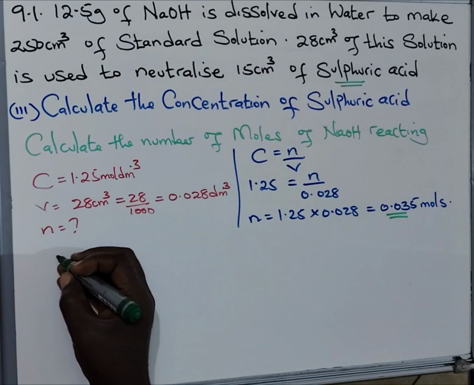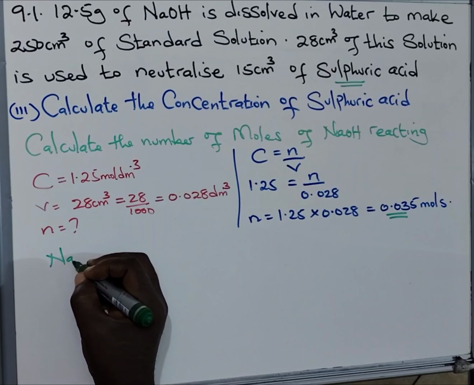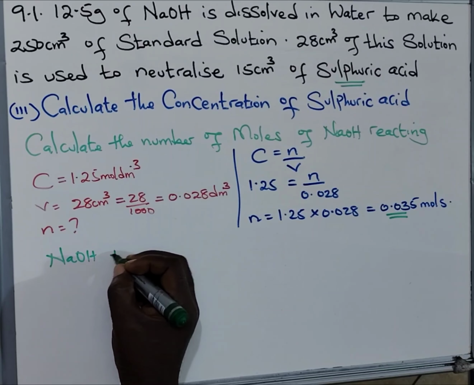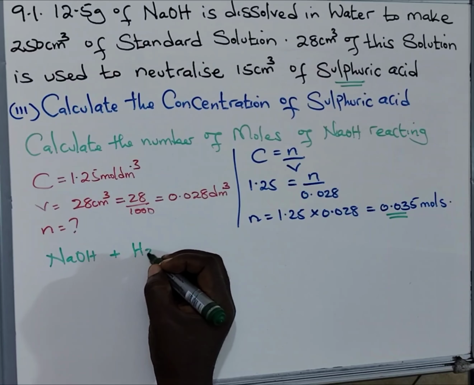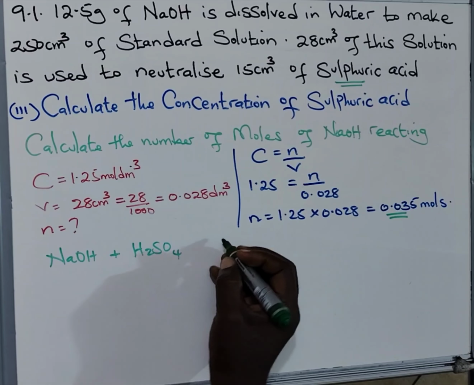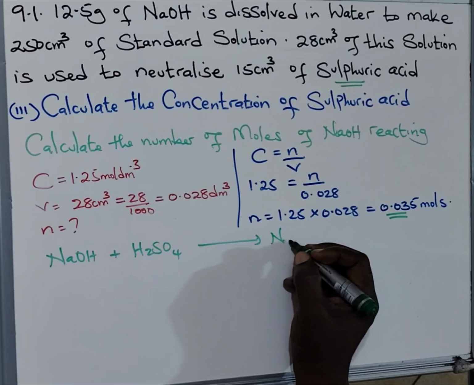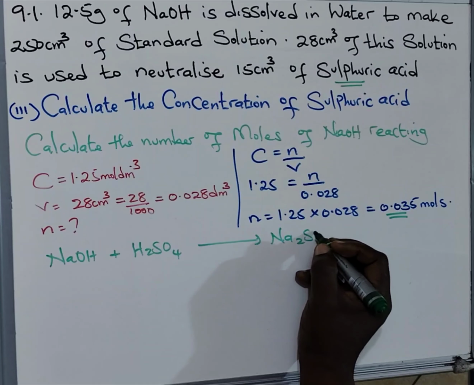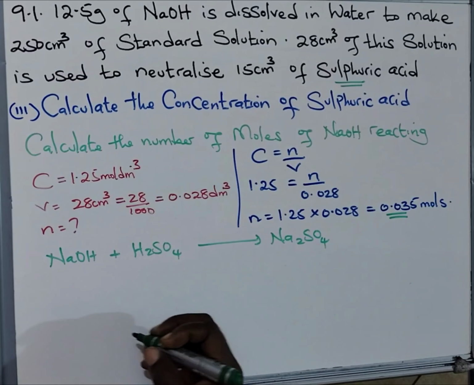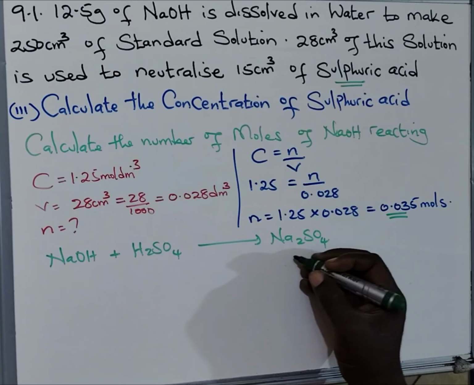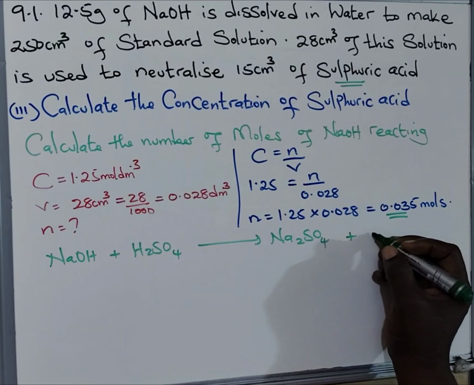The equation we are having is sodium hydroxide plus sulfuric acid, giving you sodium sulfate. You have to know that the valence of sulfate is 2 and sodium is 1. So in exchange of valences, we get this, plus water.